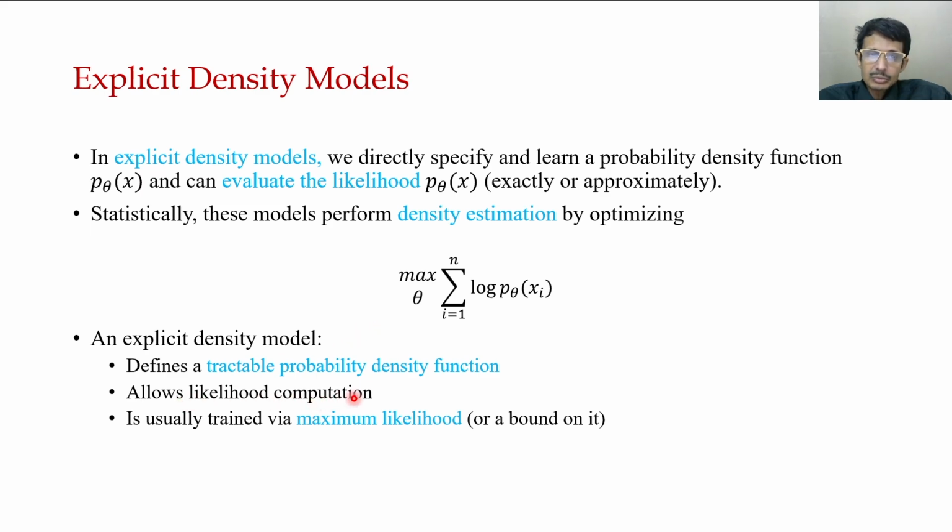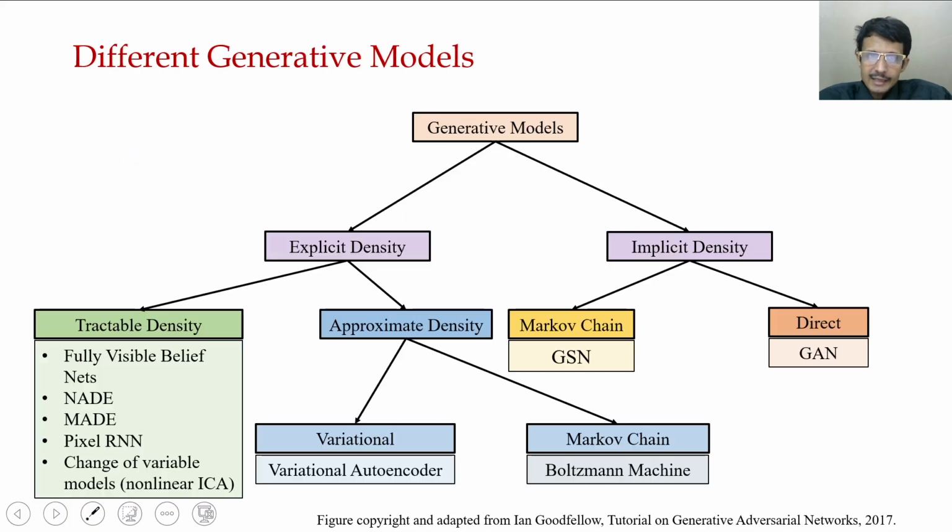It allows likelihood computation, and it is usually trained by maximum likelihood estimation or a bound on it. That's exactly what we have seen here. For this explicit density function, we can use a tractable density or an approximate density.